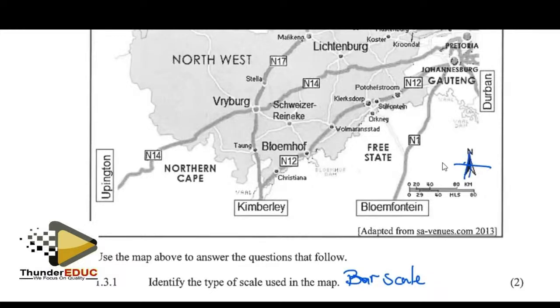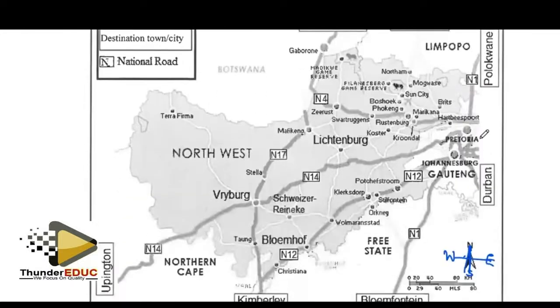So we have north, south. This side becomes east, and this is west. So we are supposed to look on this side here, east of Northwest. Here I say Gauteng. This is Gauteng, and this is east.